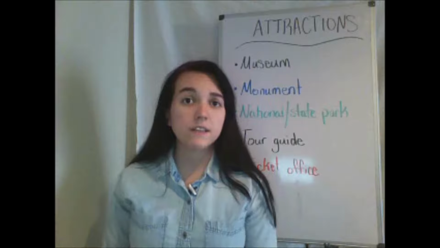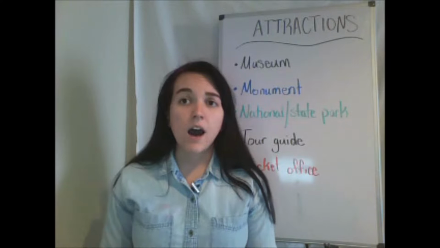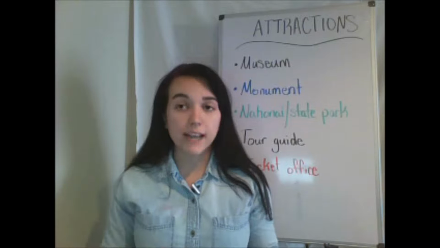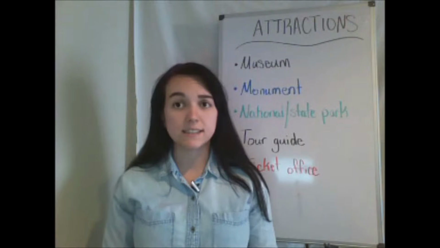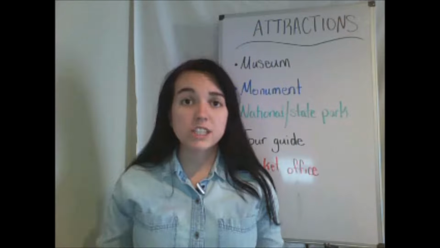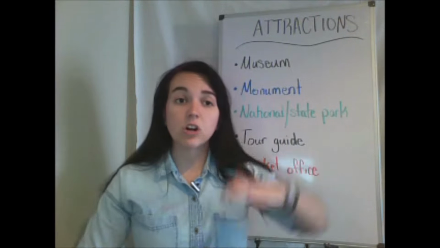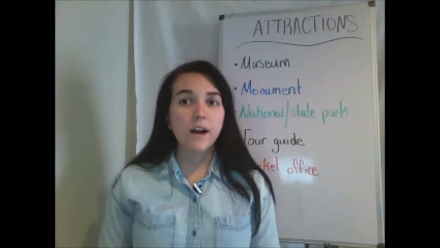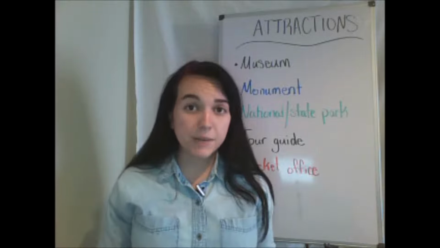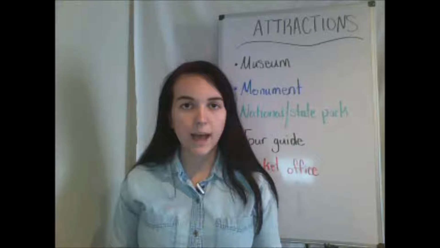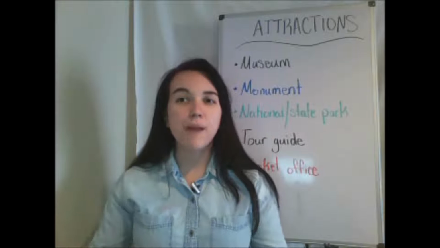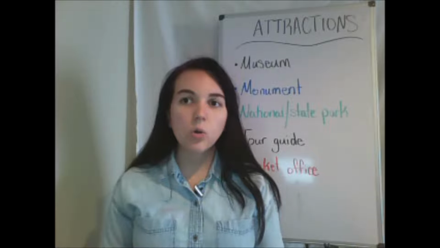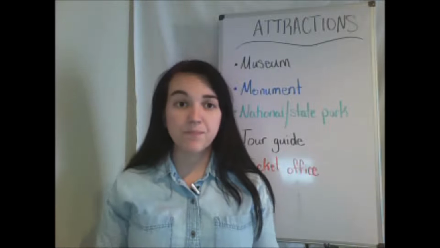For example, in the United States, we have a lot of monuments in our nation's capital in Washington, D.C., such as the Washington Monument, which is like a large tower that we have. Or the Statue of Liberty could be a monument as well. And it's something that remembers a point in history or some sort of event.